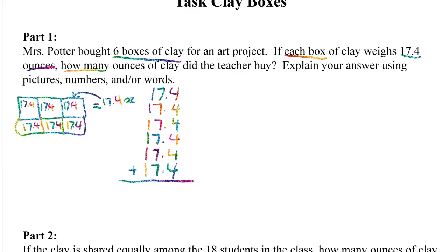We could multiply. Okay, so we could take each one of them. We have 17 4/10, and I have 1, 2, 3, 4, 5, 6. So I could multiply that by 6, right? And I know my answer is going to be ounces at the end. So my number, and then ounces.